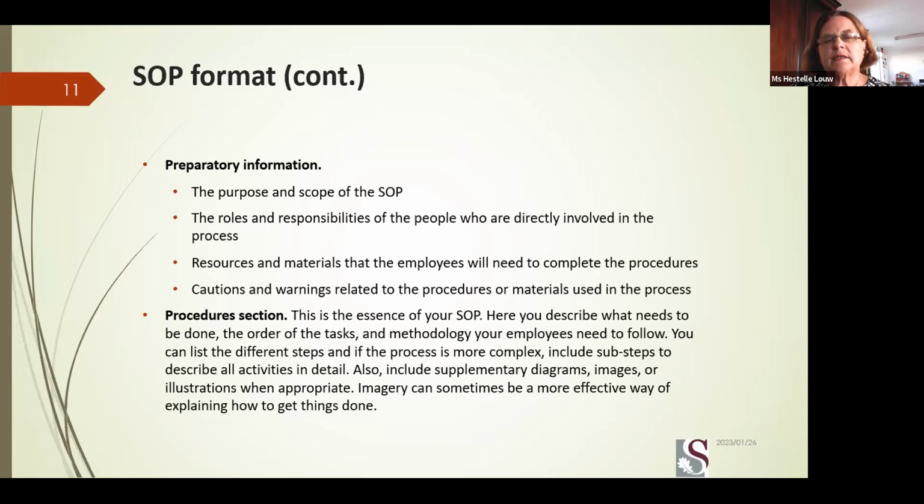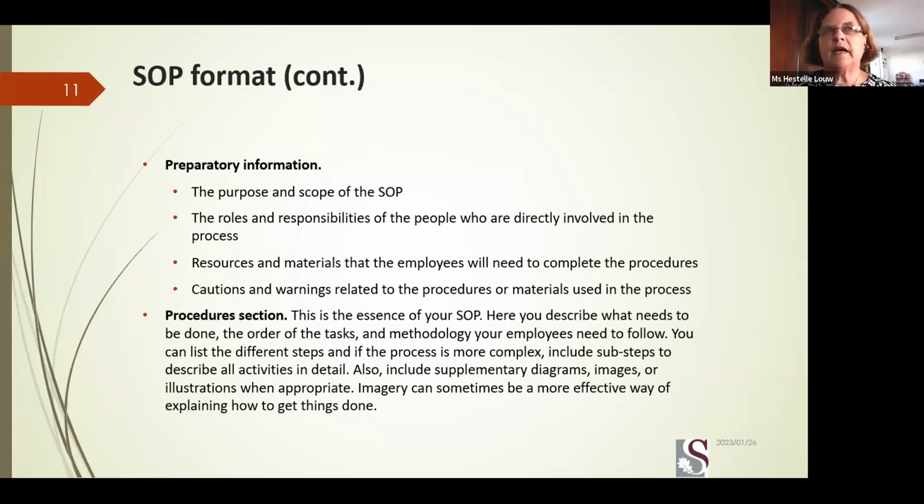It can be a list of the different steps, and if the process is very complex, it can have steps where you describe all the activities in detail. Also include supplementary diagrams, images, or illustrations when appropriate. Not all of them, just when it's appropriate. Imagery can sometimes be a more effective way of explaining how to get things done.